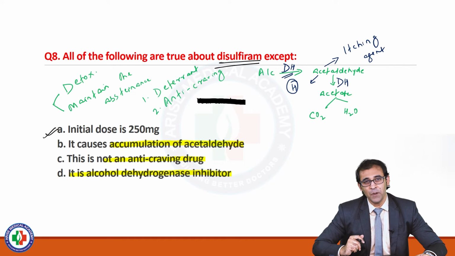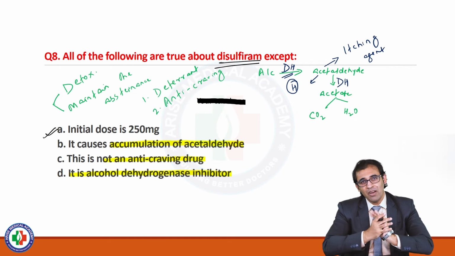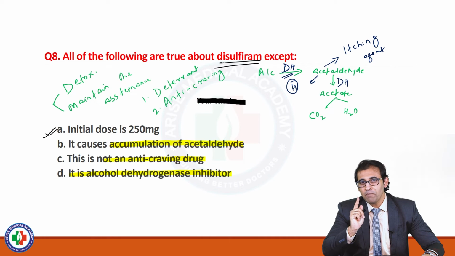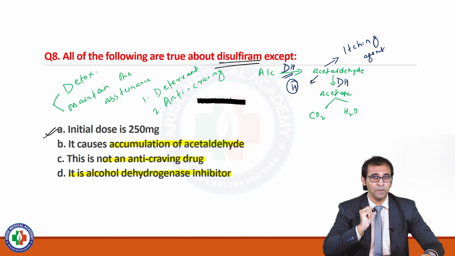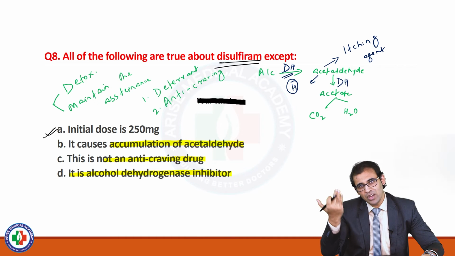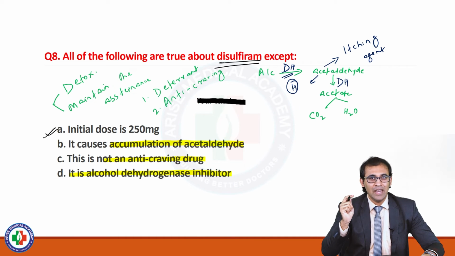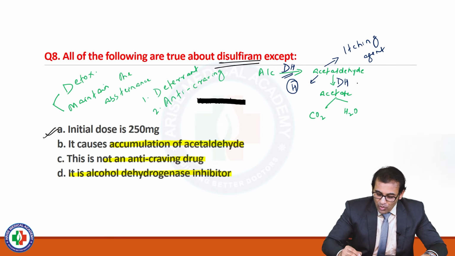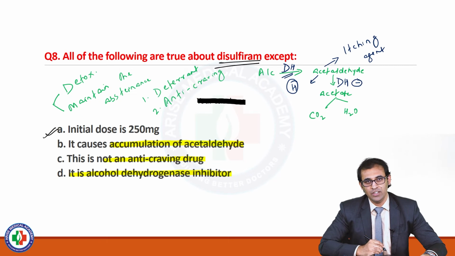So what is happening here? You have already detoxified the patient, and you have informed him that he is on a deterrent agent. After this, he is not supposed to take alcohol again. But his friend came and he went for a party, he had alcohol. Now what will happen to him? You already have given him a drug which was blocking aldehyde dehydrogenase.